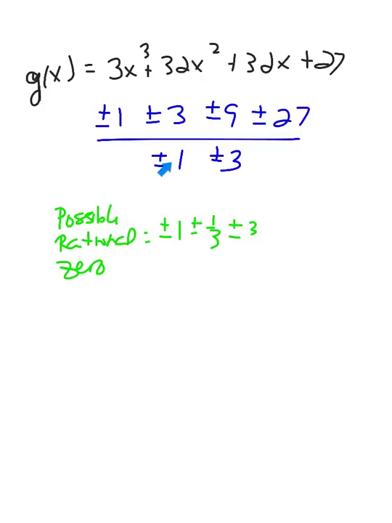Plus minus 9 over plus minus 1 is plus minus 9. Plus minus 9 over plus minus 3 would be plus minus 3, which I have. Plus minus 27 over 1 would be plus minus 27. And plus minus 27 over plus minus 3 would be plus minus 9, which I already have. So those are my possible rational zeros. Okay, so let's take a look at number 5.